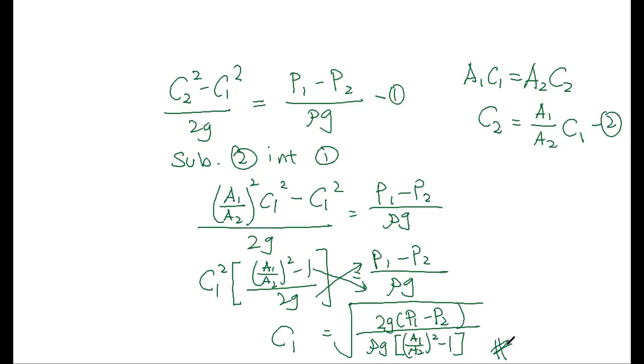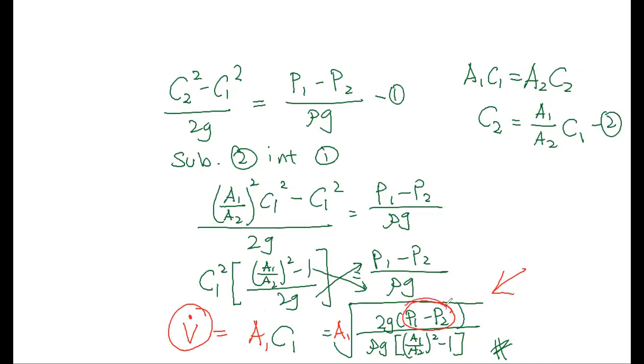Of course, if I want the flow rate, what is it? Flow rate will be A1 C1, so I just add an A1 in front. So this will be my flow rate. The flow rate can be calculated by this formula, provided that we know our pressure difference, P1 minus P2.